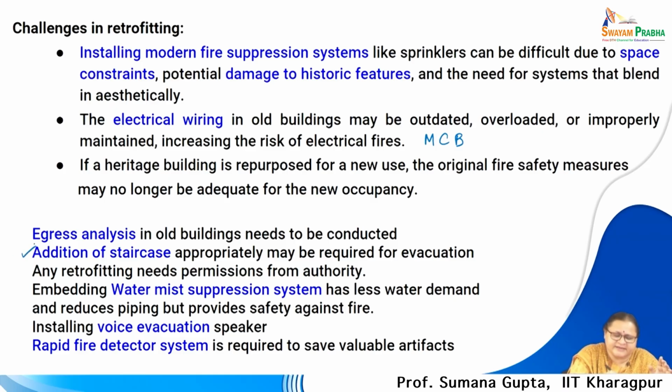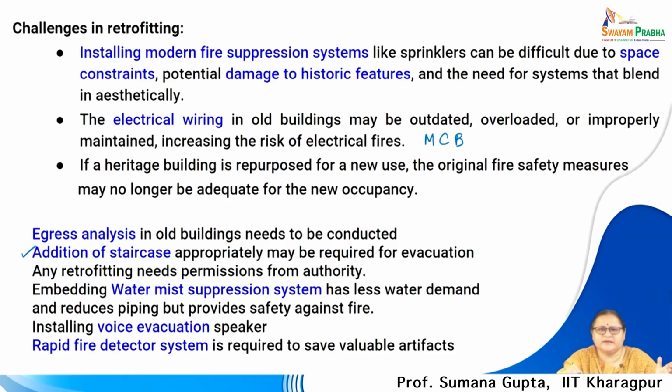Additional staircase may be added. Now, in many heritage structures we can see that there is an additional provision of a staircase which is abutting out from the main building surface. Now, this is to provide the adequate number of staircases which can save people in case of an emergency.